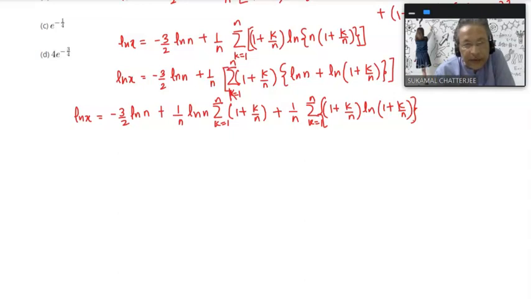Now you group the first two terms, and in that you can see that ln n is a common term.